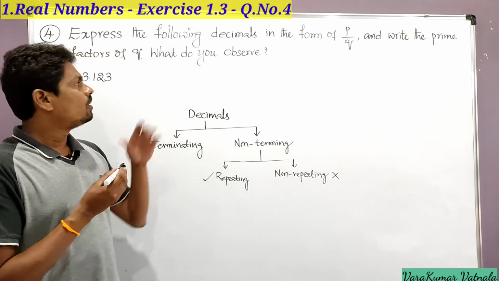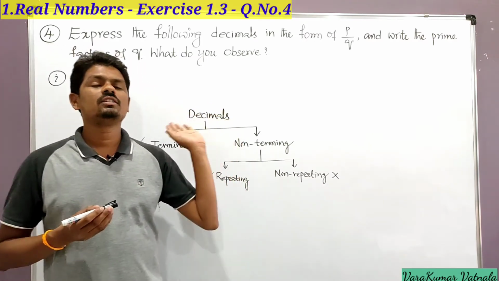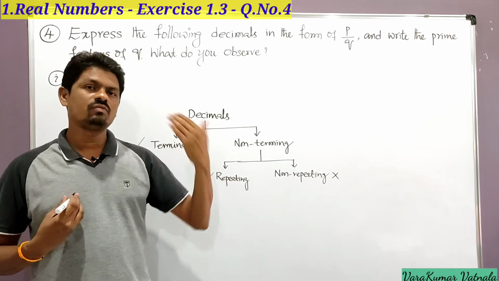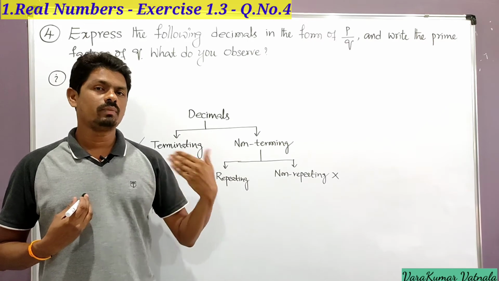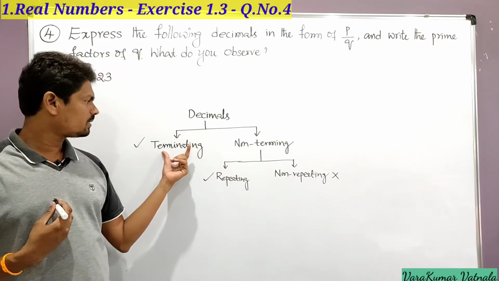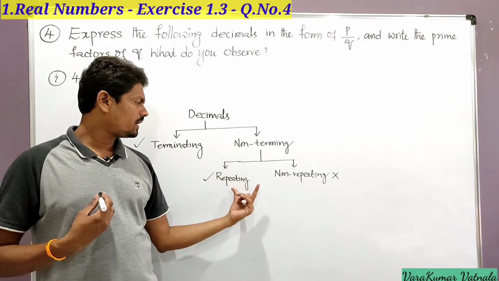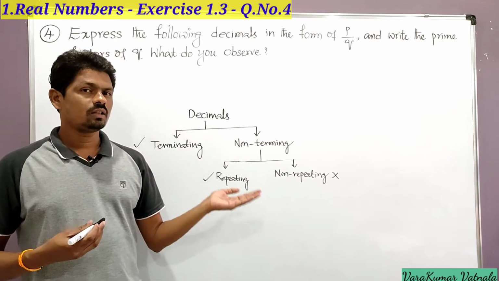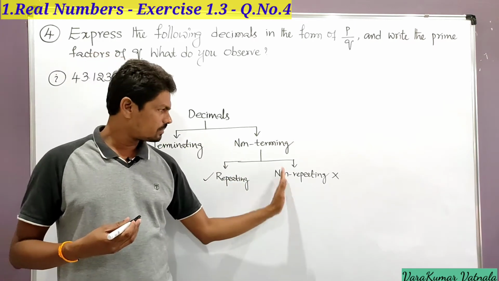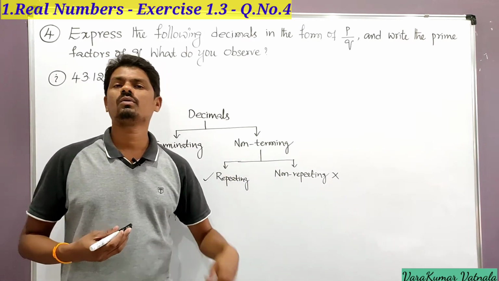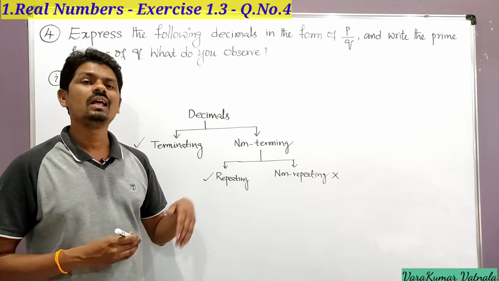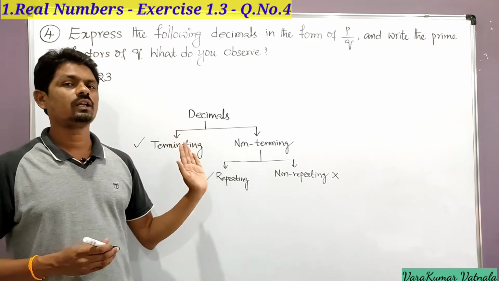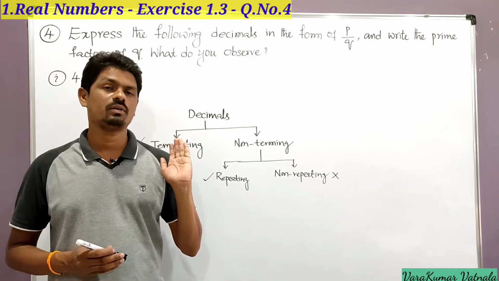So now, by observing the given decimals, first we have to identify which type of decimal it is, then after we have to convert into p by q form. Only terminating and non-terminating repeating decimals can be converted into p by q form. Otherwise, non-terminating, non-repeating cannot be converted into p by q form. Hence, they are irrational numbers. Only rational numbers can be converted into p by q form. That you have to remember, student.